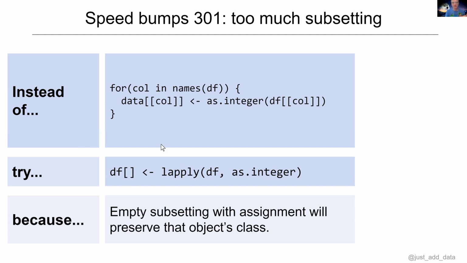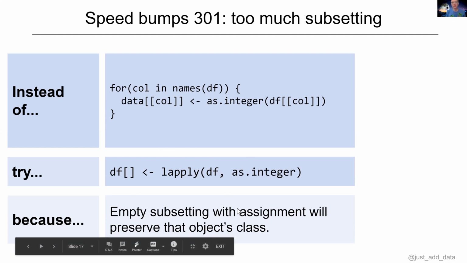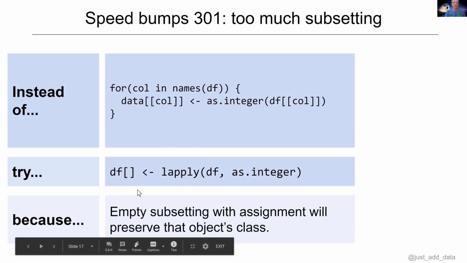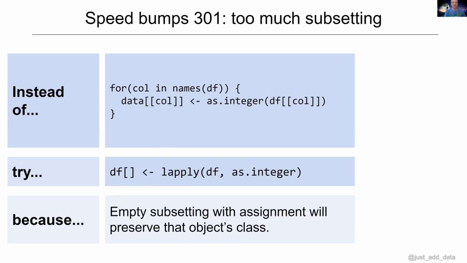So normally, if you're calling this lapply, you're getting a list back. That's what the L stands for. So normally you would get back a list of each column now as an integer, but it's in list format. But this empty square bracket subsetting is actually forcing it to retain the class. So this is kind of like a weird esoteric trick, but if you ever do have to do something like this, it actually creates a huge speed boost.